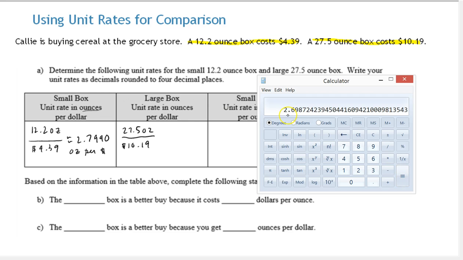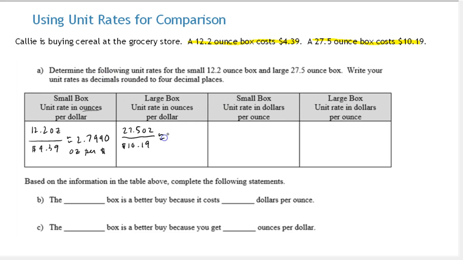And to 4 decimal places, it's 2.6987. 2.6987 ounces per dollar.